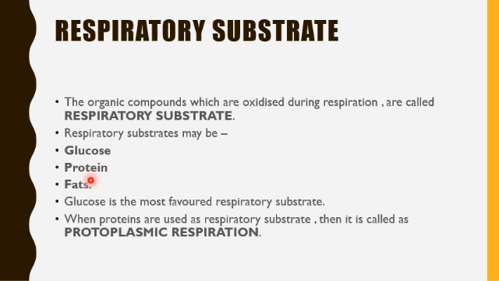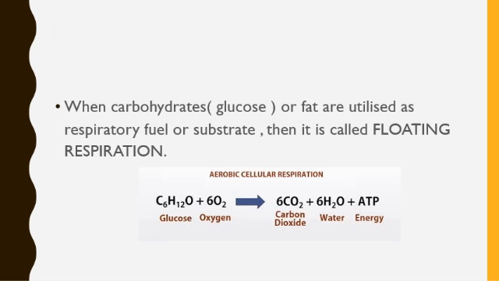The most commonly used respiratory substrate is glucose, but when proteins are used as a respiratory substrate, then it is called protoplasmic respiration. Whereas when carbohydrate, that is glucose, or fats are utilized as respiratory fuel or substrate, then it is called floating respiration.